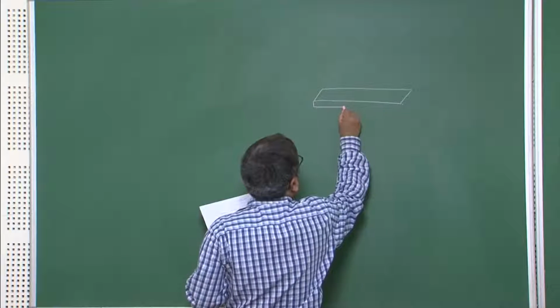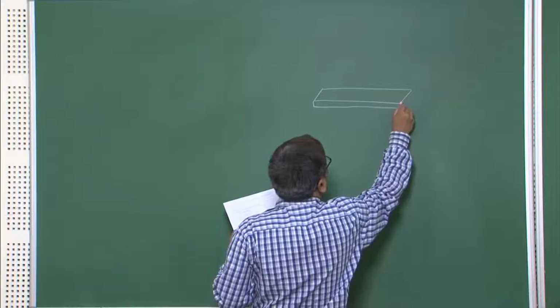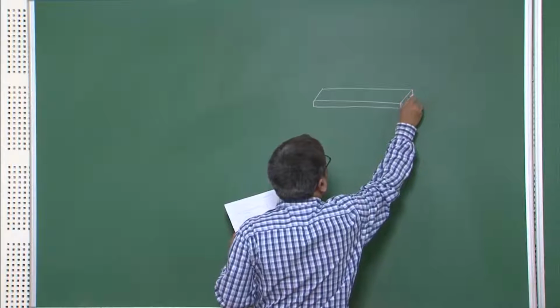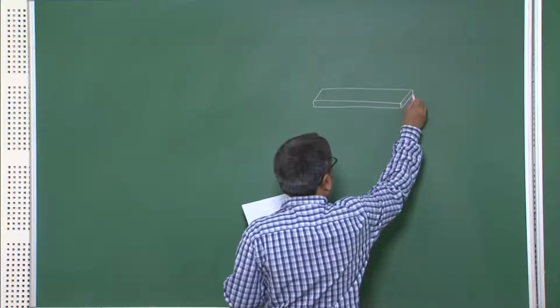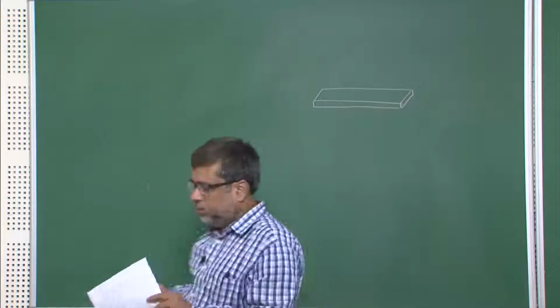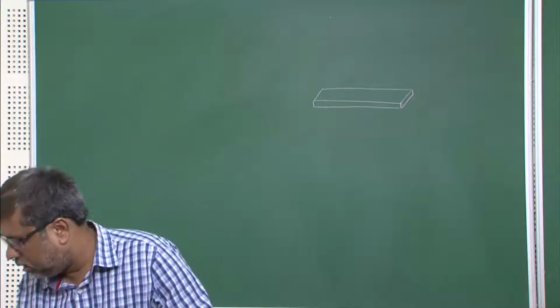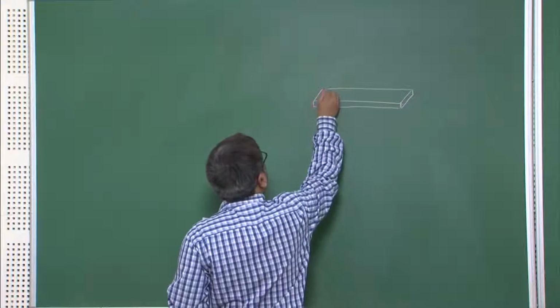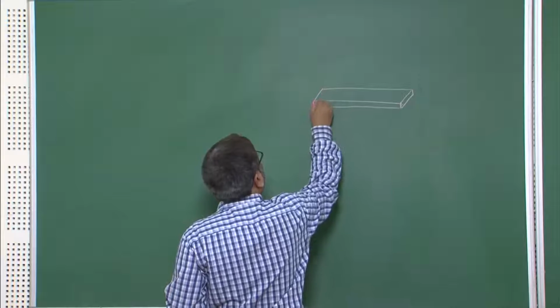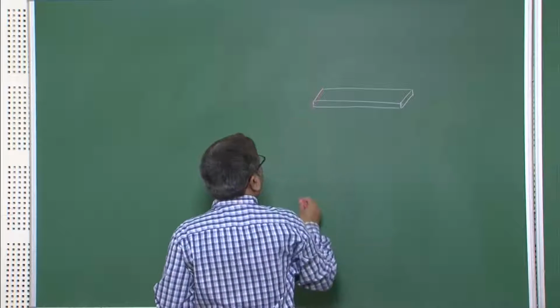and let us say that the beam is of uniform thickness, although in practice it is not exactly like that. This is the fixed edge of the beam.